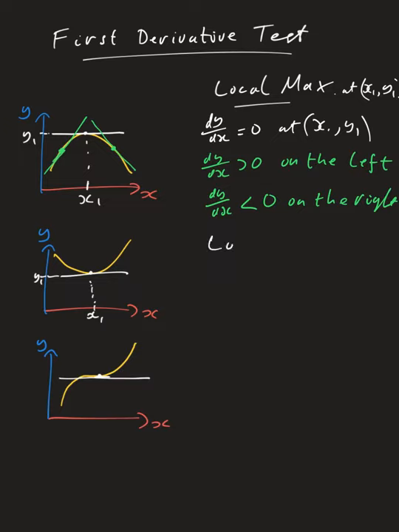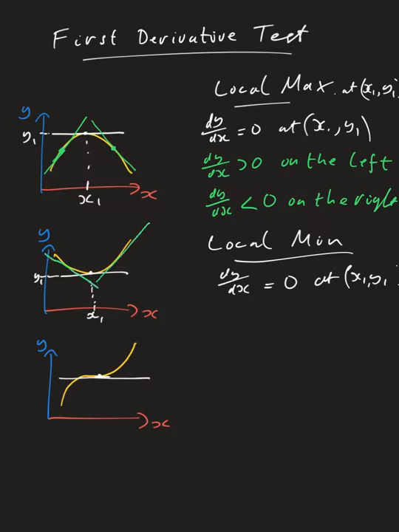For a local min, we have dy dx equal to 0 again at the point. Before the point, for a minimum, we have a negative slope like this, and after the point, we have a positive slope. So here, the derivative dy dx is going to be negative or less than 0 on the left.